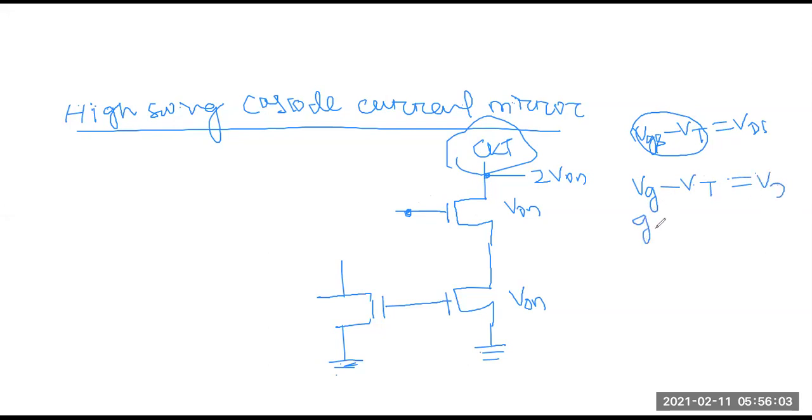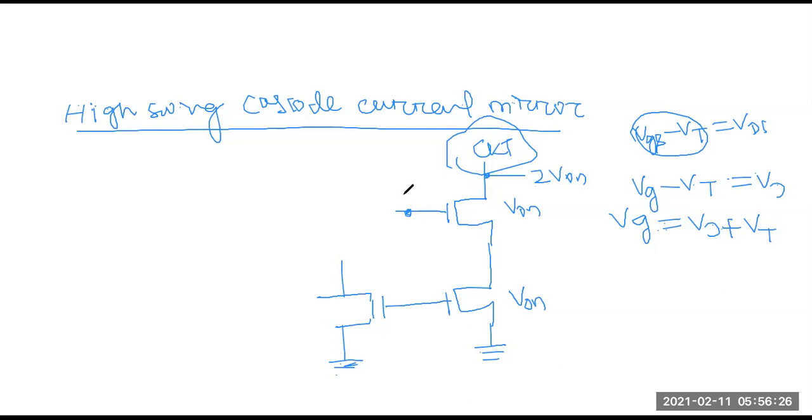So what is Vg? Vd plus Vt. This is the saturation condition. So to make it saturation, this point voltage should be 1 Vt more than this voltage. Clear? Just remember this thing, practice this thing.